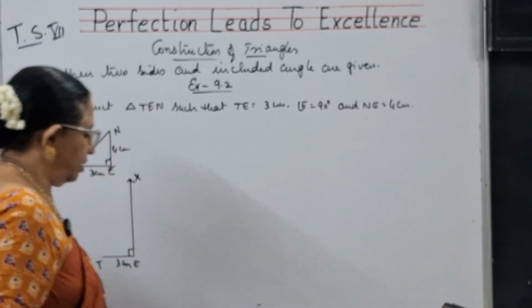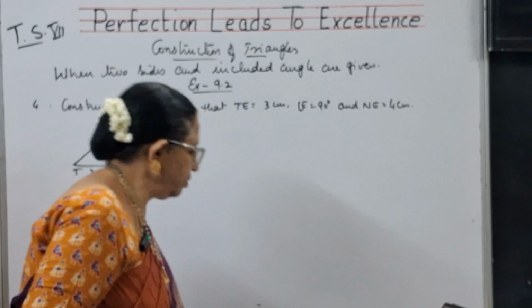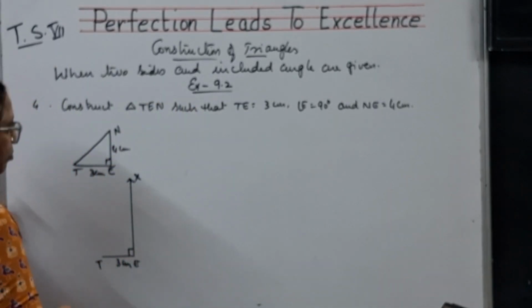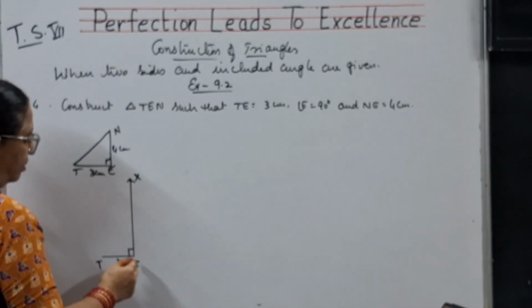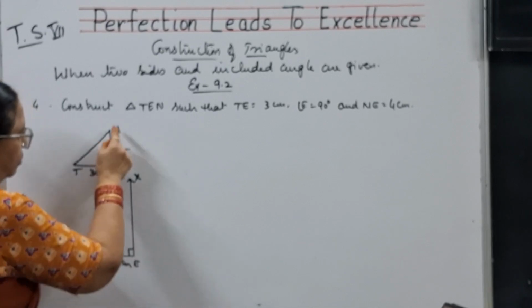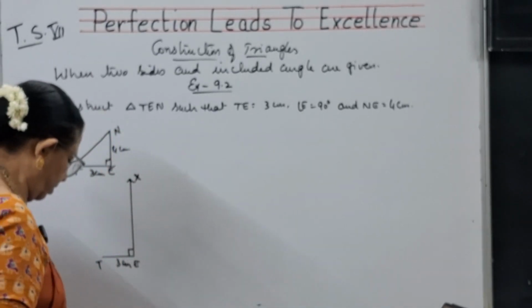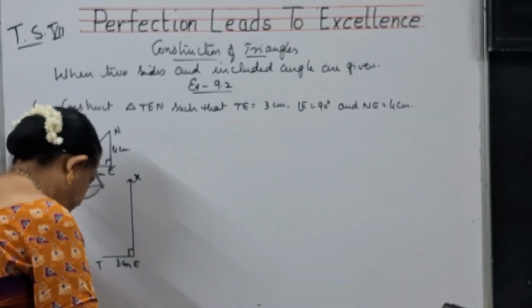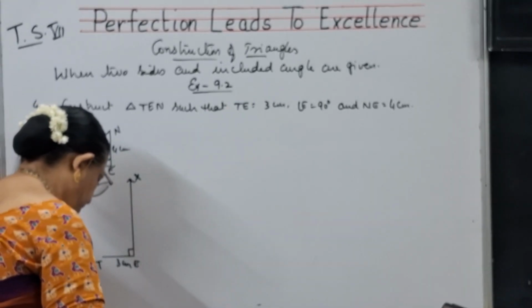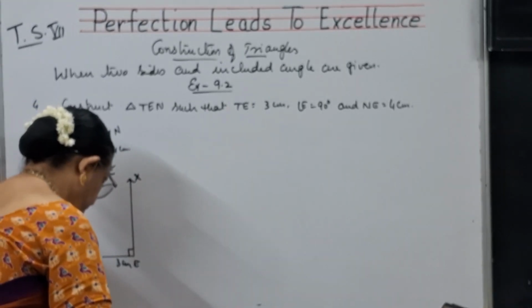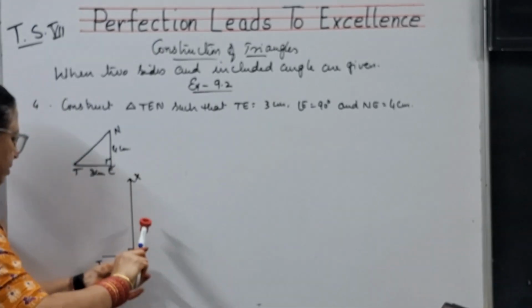Then what else they said? You have to draw EN, means NE they said. That means N is somewhere here only, no? So we have taken. So EN 4 centimeters you take. So this is 4 centimeters.